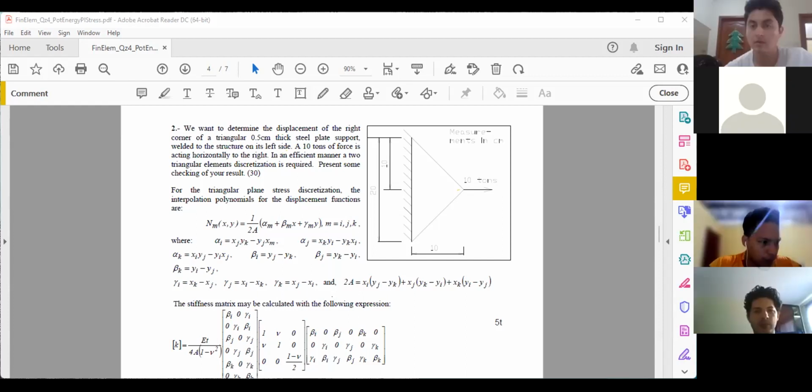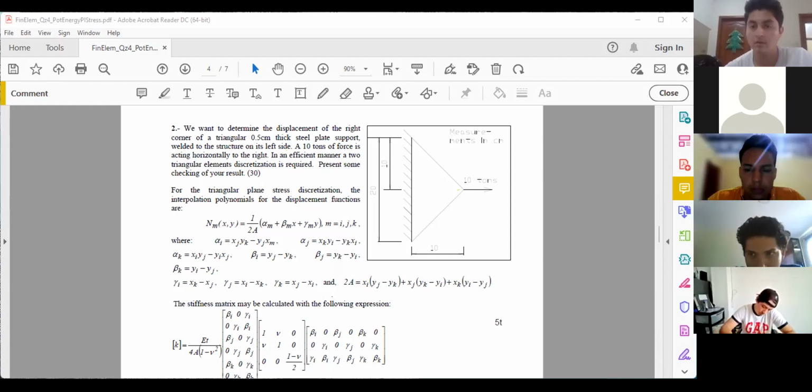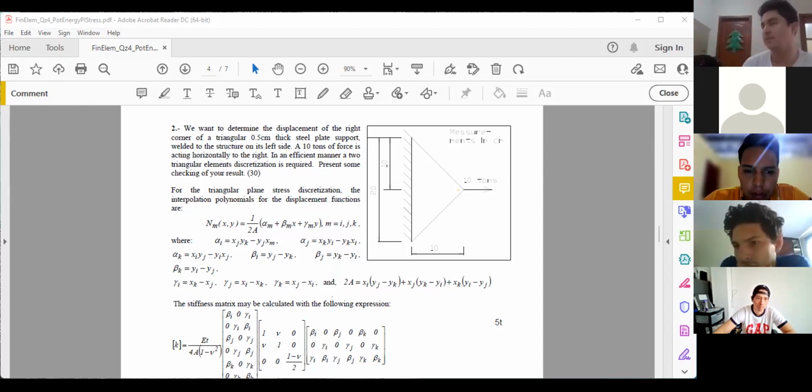So the left edge of the triangle, since it is clamped, doesn't move. The right end doesn't move in the vertical direction. So there is only one unknown, which is the displacement in the X direction. So everybody is correct on question 2.